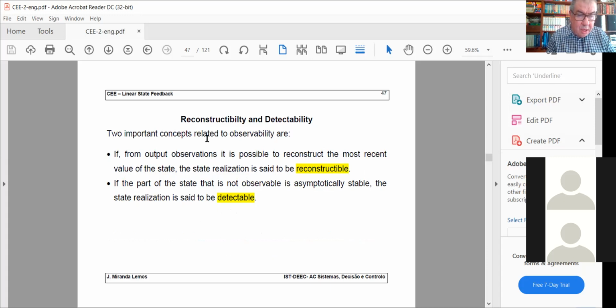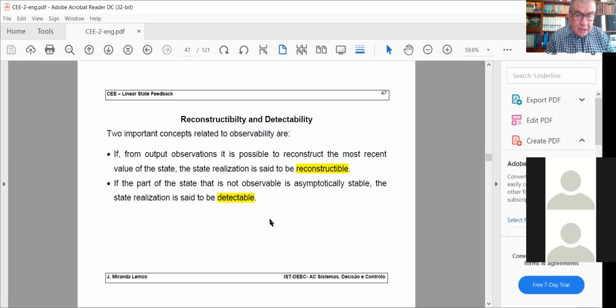One remark, again, this is something that we are not going to use much in the course, but you might read some book or some paper, in particular when you will be doing your thesis, and it's the notion of reconstructability and detectability.